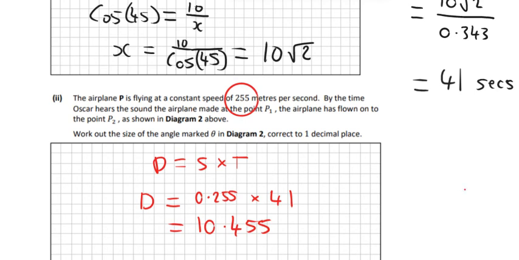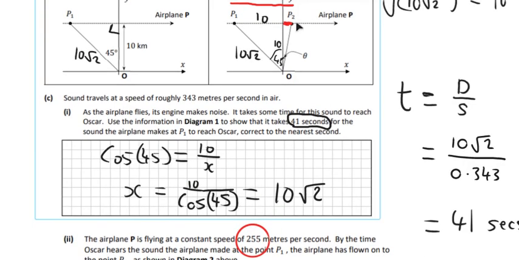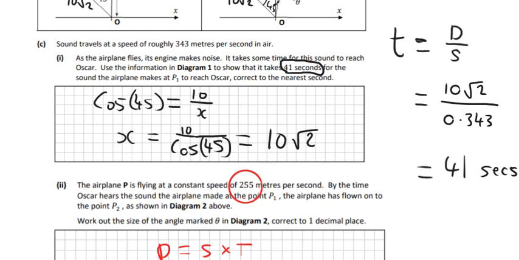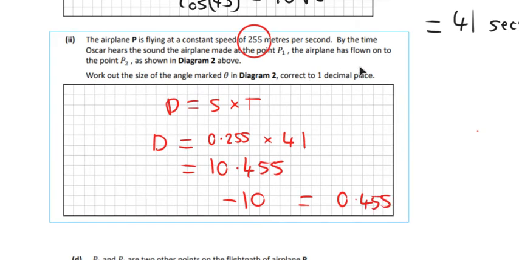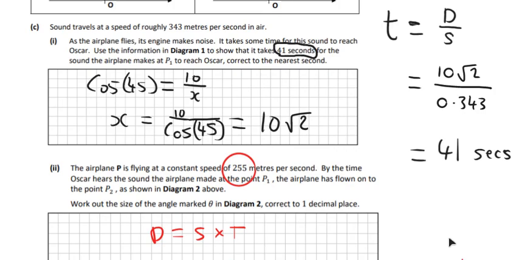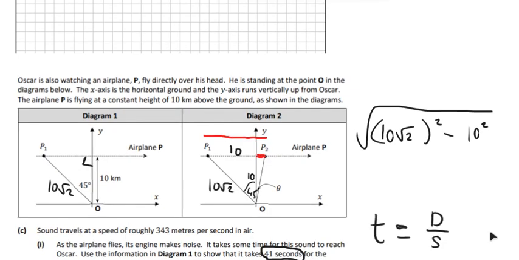Now, like I said before, we're only interested in the little red bit that I drew in earlier in the diagram, so I'm going to take 10 away from that. And obviously then you're going to get 0.455. So 0.455 is this bit here.